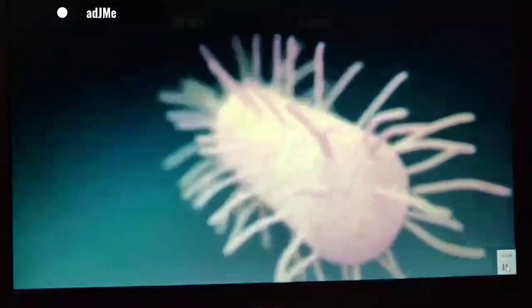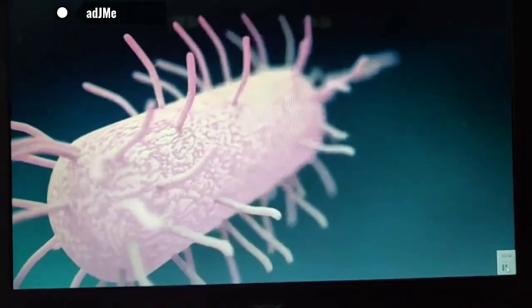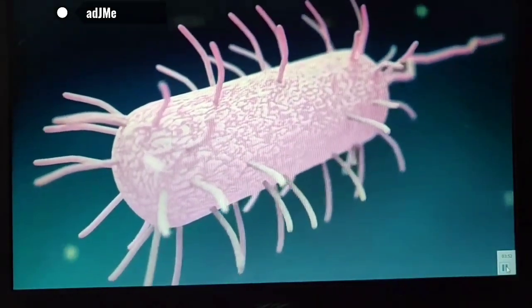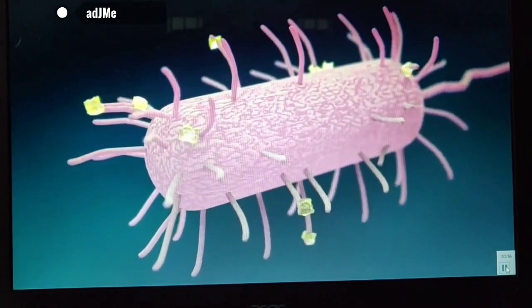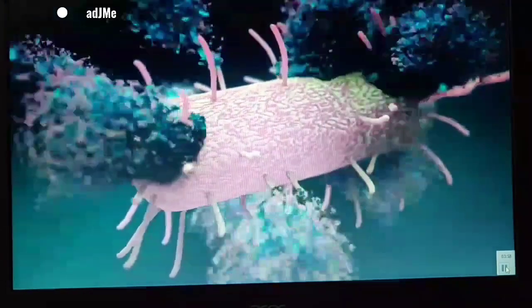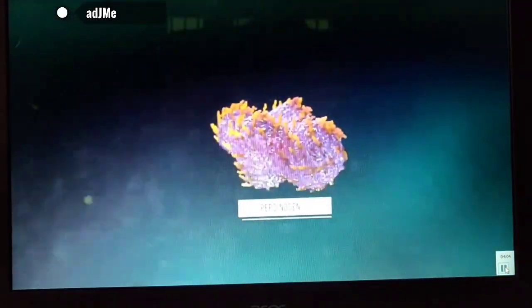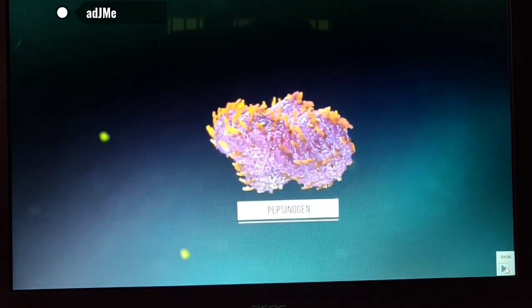So actually in food we have a large number of microorganisms which we cannot observe or look at with the naked eye. These microorganisms are killed or digested by the hydrochloric acid.